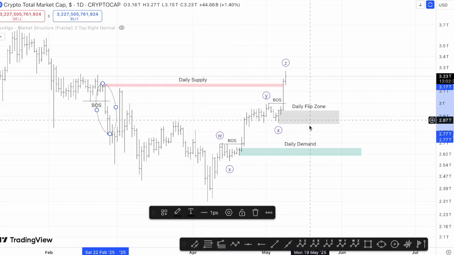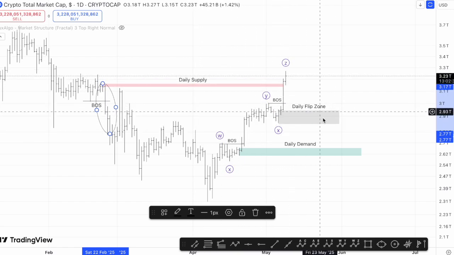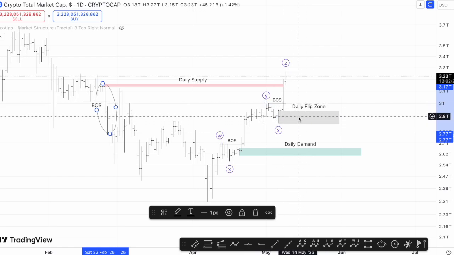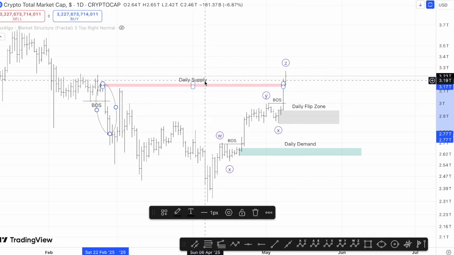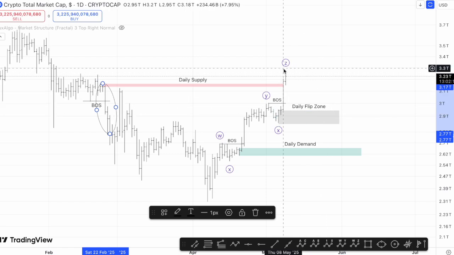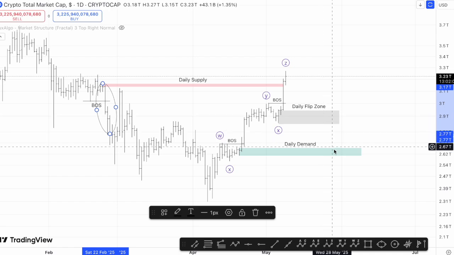So this move right here makes this zone, after a breakup structure, a very important zone. It's a demand zone, but it has broken through a potential supply zone. That's why we're going to call it a daily flip zone, which is very attractive for us to enter the market in case the price corrects down to this.